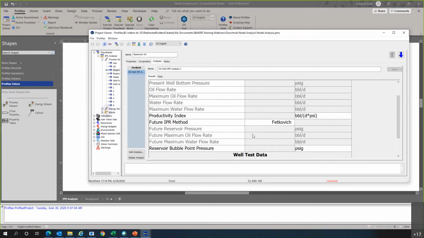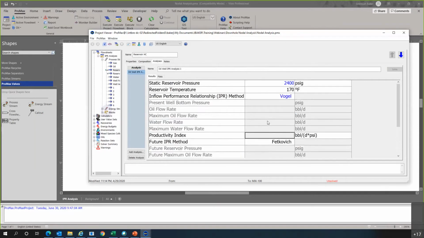If what you mean there is the productivity index, that is what's being calculated from our correlation. It's similar to the J productivity coefficient. I think it's a bit different in terms of the actual way it's determined and the units that it uses. But the productivity index is something that's calculated using the well test data and the specific correlation that's at play. So it will be determined for us.